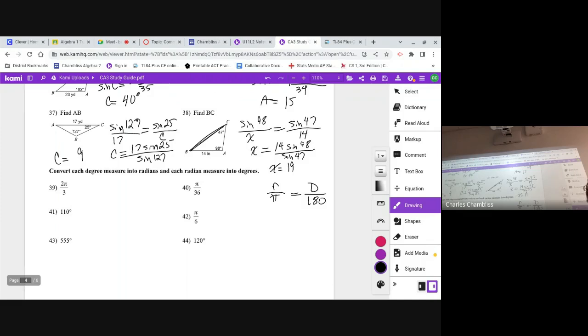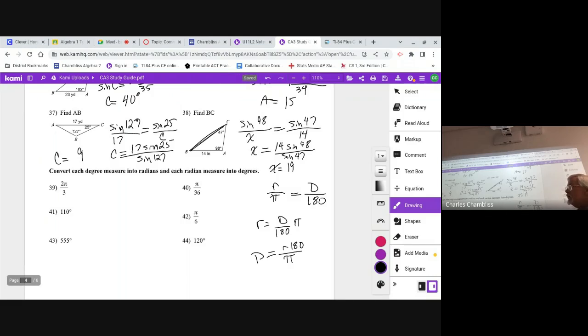And if there's not a pi in it, and it's in degree mode and you're converting to pi, then just do the degrees over 180 and then multiply by pi. So essentially, if you need to know radians, it's degrees over 180 times pi. And if you need to know the degrees, it's radians times 180 divided by pi.